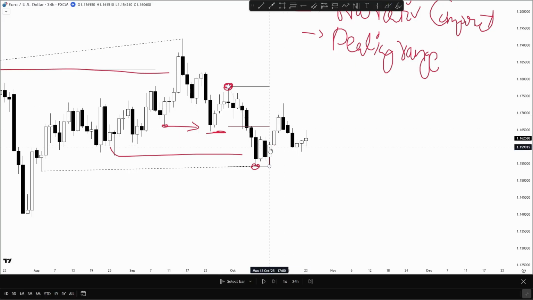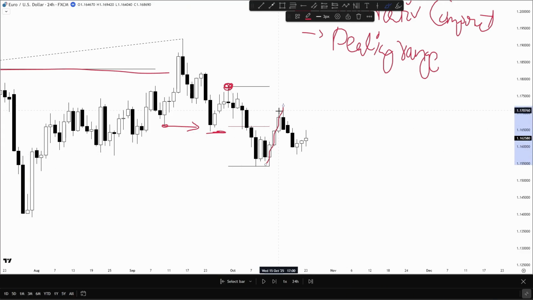Okay, you can see that after this dealing range was formed, price then retraced higher, had a retracement profile higher. With this retracement profile, it tested this premium key level in the form of this premium order block.